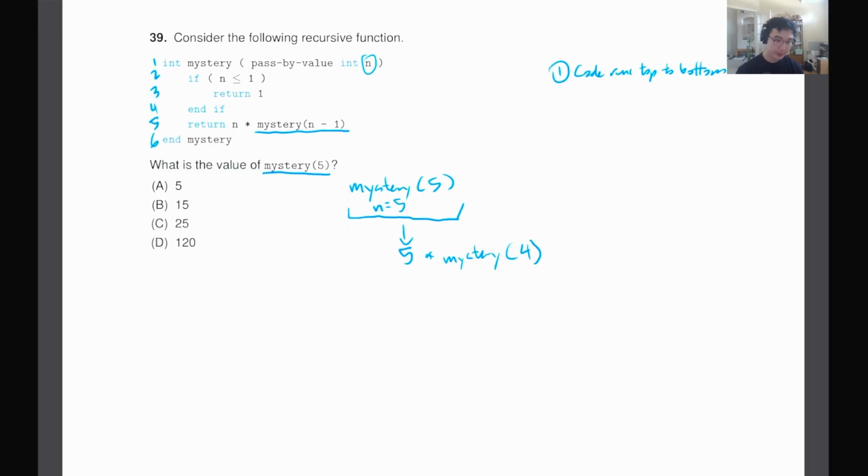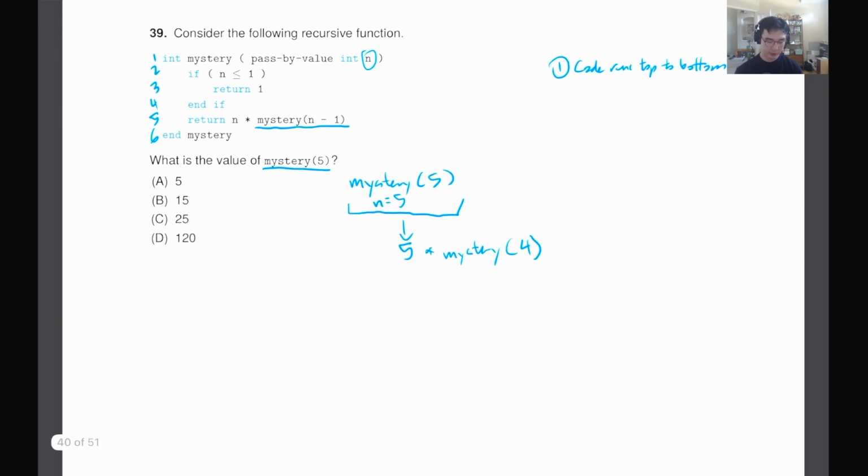Okay. Now we see the recursive part, right? We're calling the function mystery while we're currently inside the function mystery. So a recursive function is a function that calls itself. So what do we do when we get a call to the function mystery? Well, we go ahead and go to line 1, right?